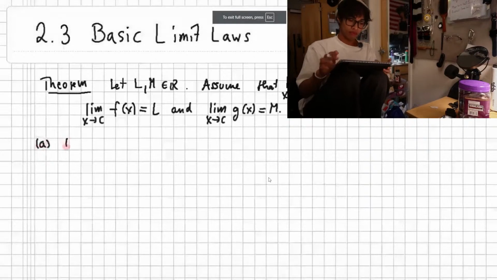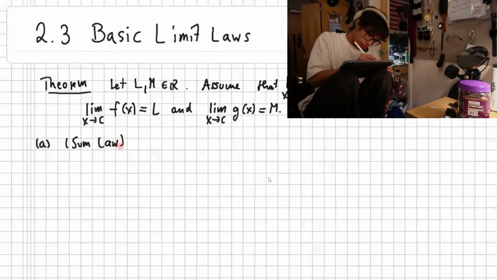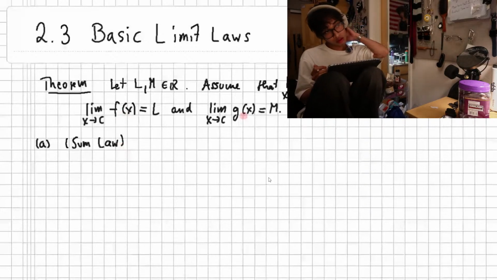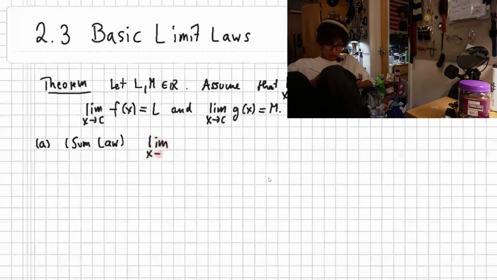The limit laws allow us to conclude the following. First, we write the sum law. We're interested in evaluating or determining the existence of limits of more complicated expressions in terms of f and g. The simplest one is to take the sum. So the limit as x approaches c of the expression f of x plus g of x is what we're looking at.